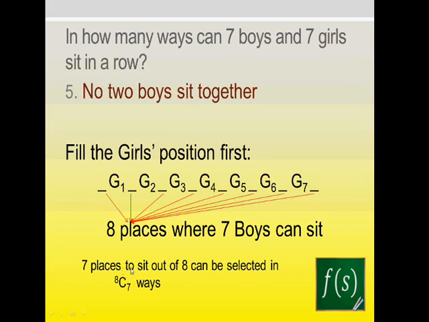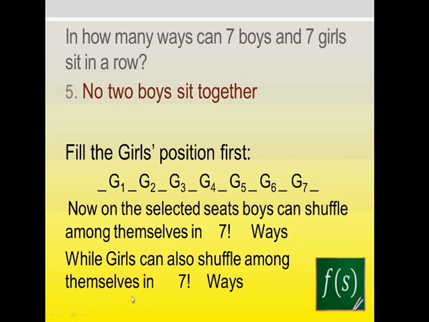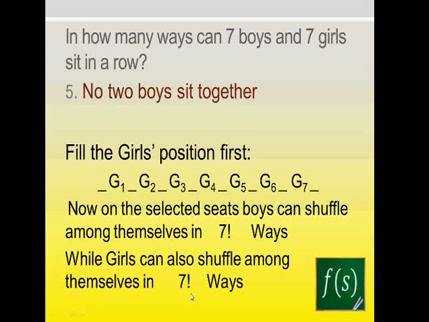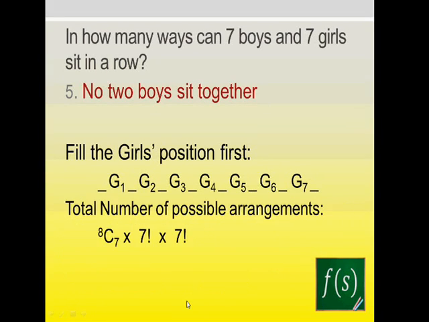So 7 places out of these 8 can be selected in 8C7 ways, and then those 7 boys can shuffle their places in 7 factorial ways, and similar is the case for girls, who can shuffle among themselves in 7 factorial ways, which makes a total equal to 8C7 cross 7 factorial cross 7 factorial. This is a very important question.